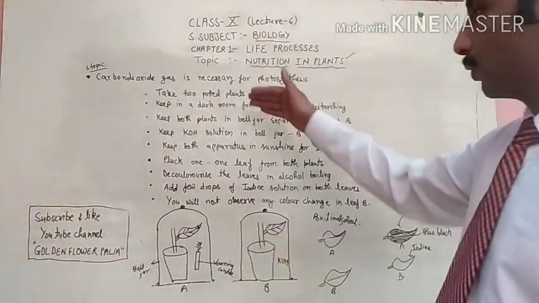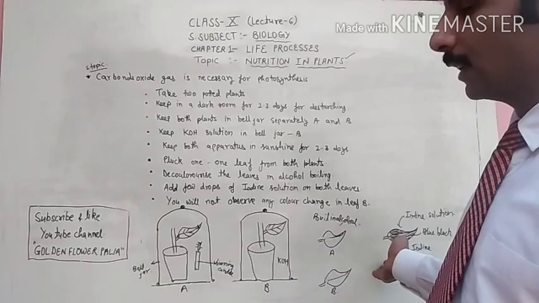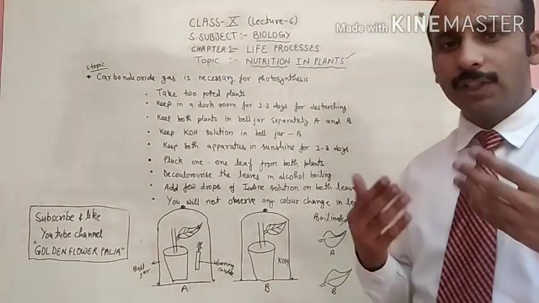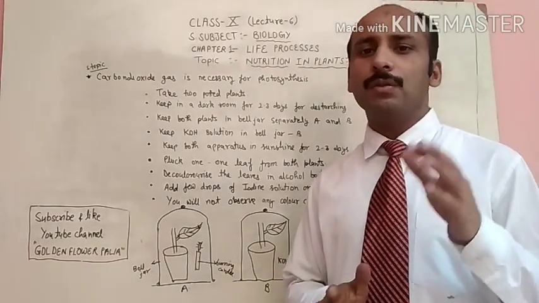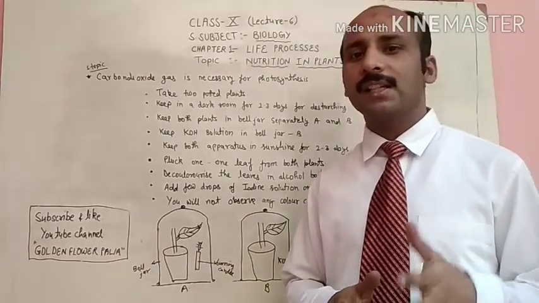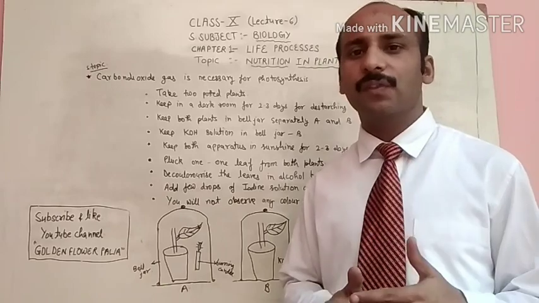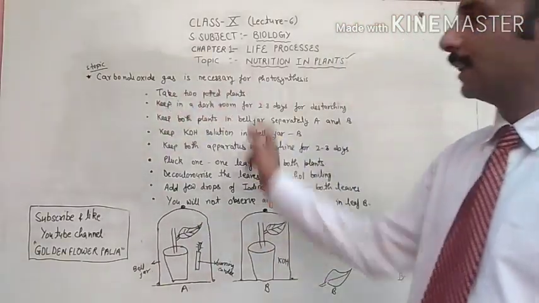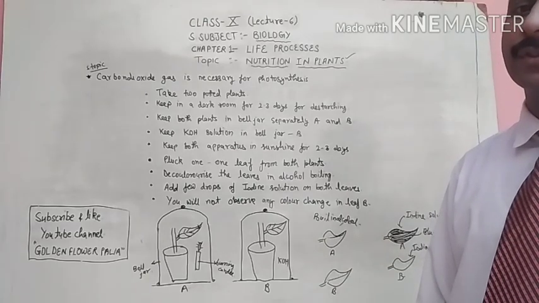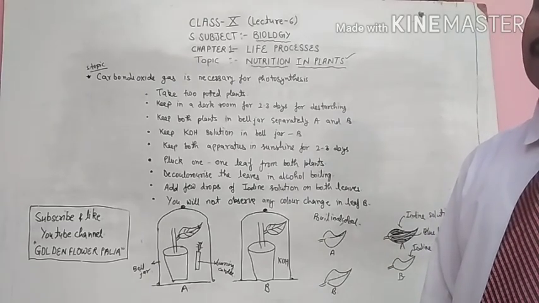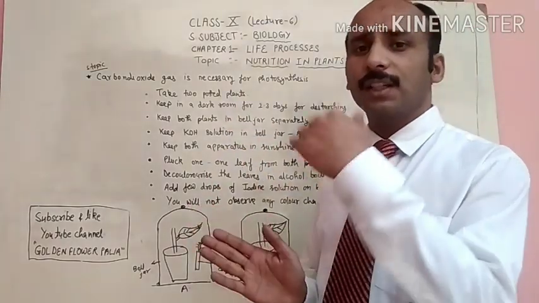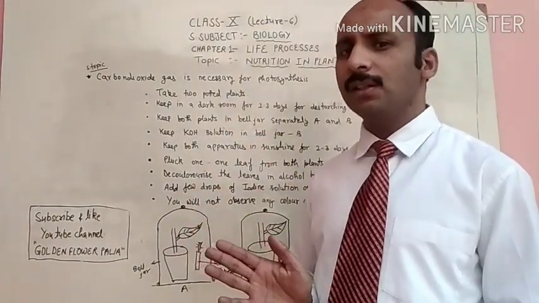So by this experiment we have understood that without carbon dioxide gas, the photosynthesis process will not complete. It means carbon dioxide gas is necessary for photosynthesis. I hope this topic is clear to you. This experiment is related to your previous experiment.